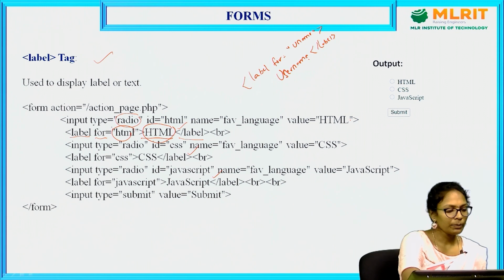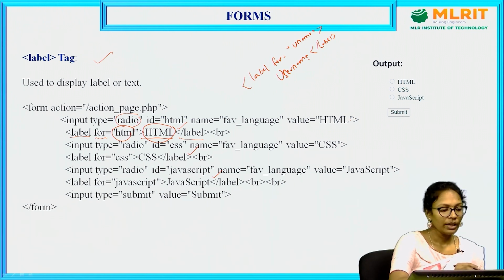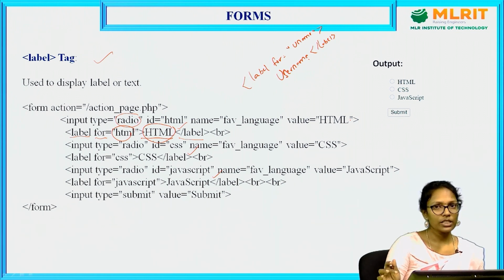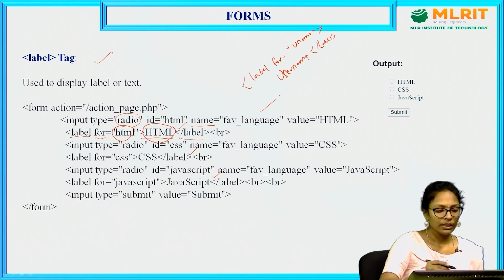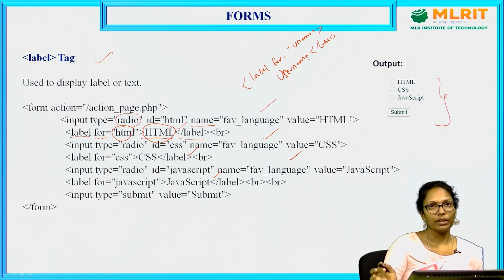See, input type is equal to radio, and for radio buttons we know one condition: the common group name should be there. If you observe, the name for the first radio button is favorite language, the name for the second radio button is also favorite language, and for the third radio button it is also favorite language. So the output will be like this. It will create 3 radio buttons, and finally I am creating the submit button also.